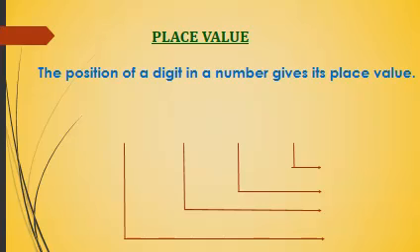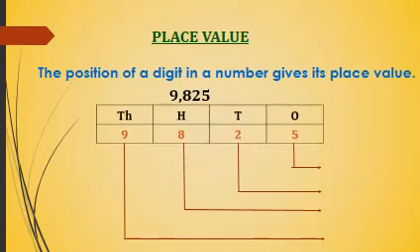Let us take the number 9825. We write the number 9825 in the place value chart as the digit 9 is in thousands place, the digit 8 is in hundreds place, the digit 2 is in tens place and the digit 5 is in ones place.